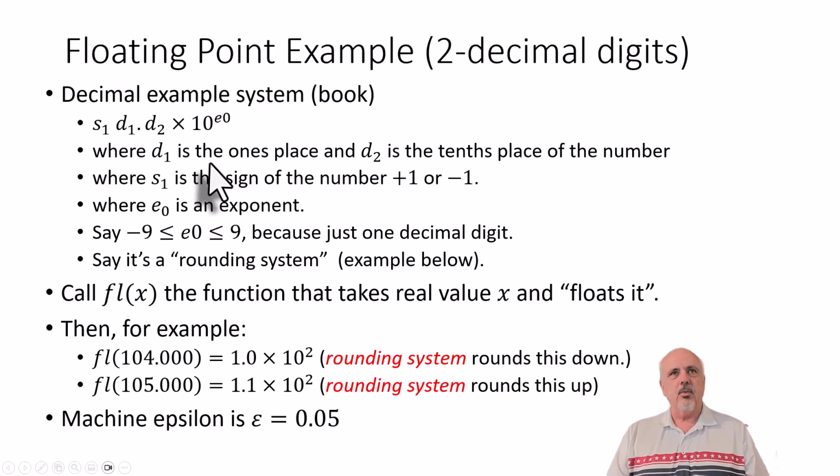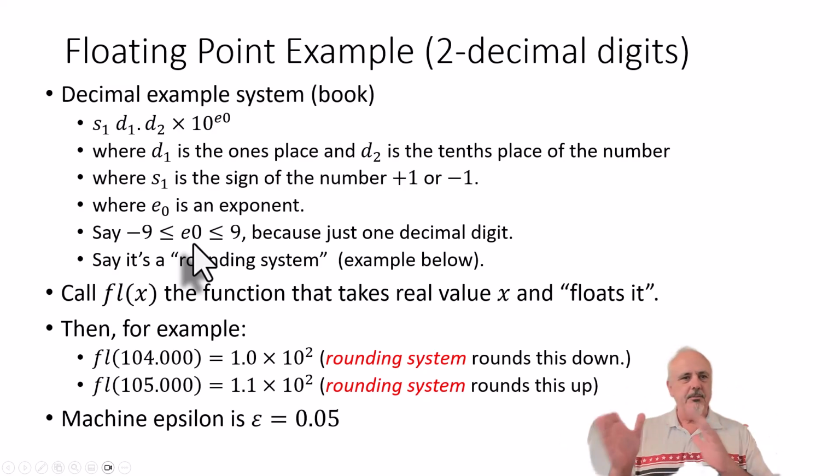D1 is called the ones place, and D2 is the tenths place of the number. The exponent is bounded between minus 9 and plus 9. And we're going to claim this as a rounding system, and you'll see what that means in a minute.